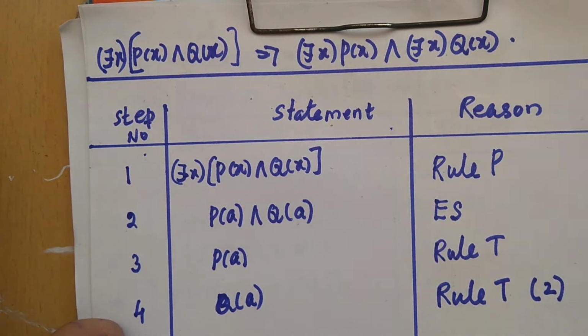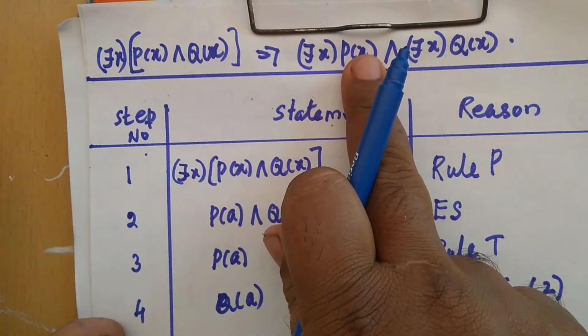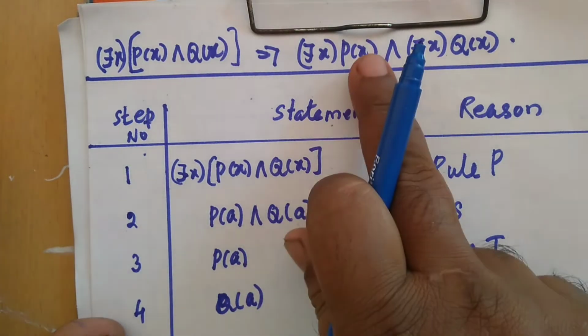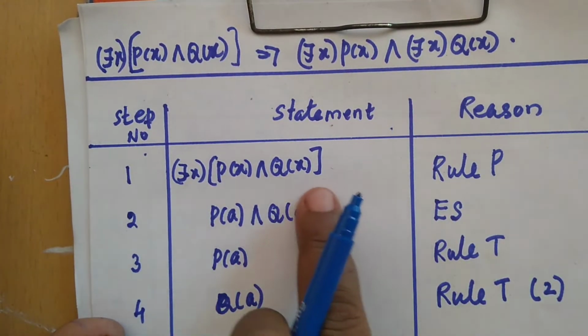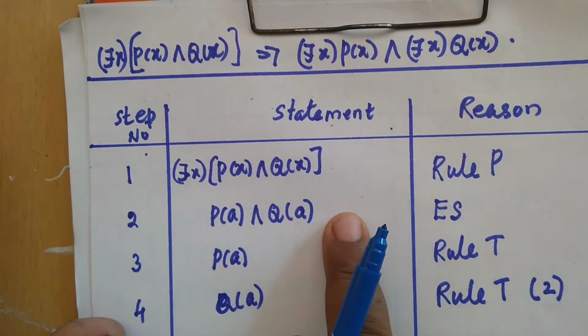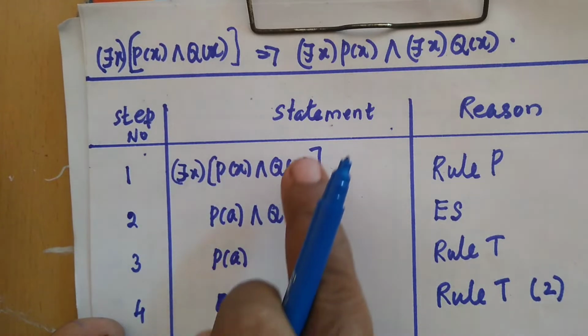Now the fifth one is P of A. For P of A, what do we need? We need there exists x, P of x. So once again we rewrite it. First we wrote individual or particular values, now split into two terms, that is P of x separate, Q of x separate.